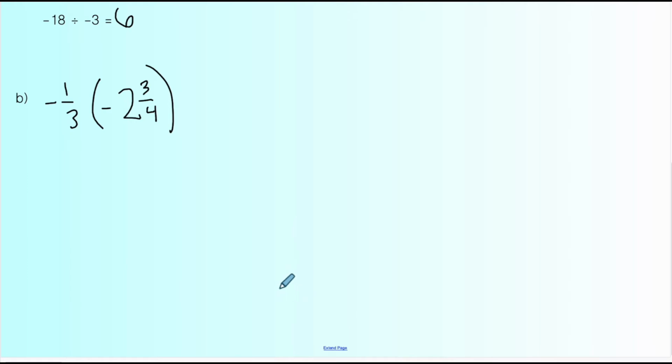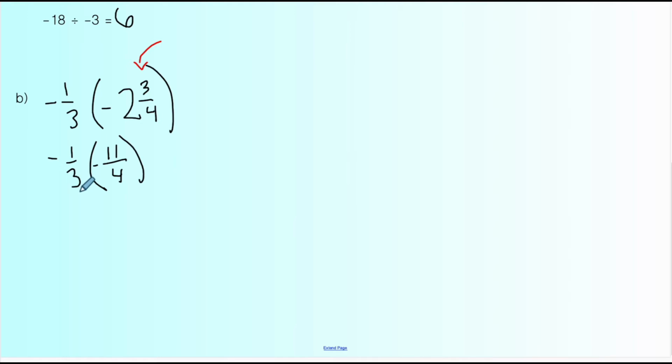And when you multiply fractions, the first thing is you have to make sure that you have no mixed numbers. So we're going to make this an improper fraction first. So this is going to become negative 1/3 times negative 11/4. All right. Now, both of my numbers being multiplied are negative numbers.